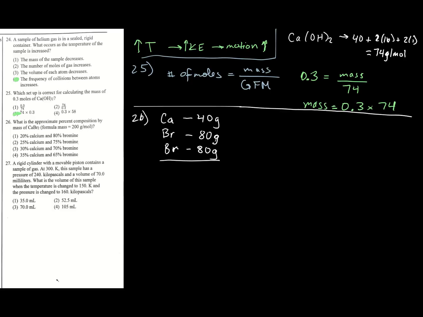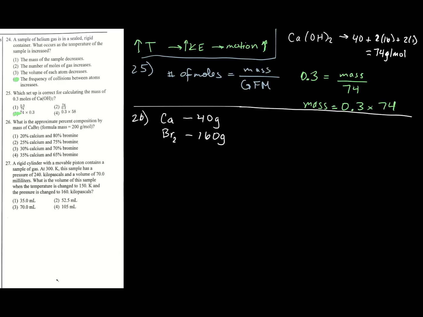our total is going to be... Oh, they already give it to us. Okay, so Br2 is going to be 160. It's easier to pick calcium because there's only 1 of that.